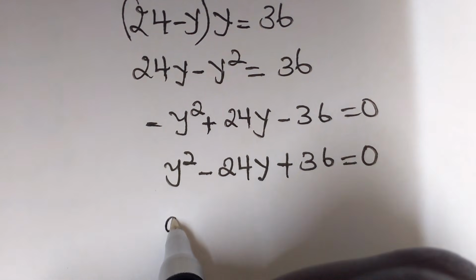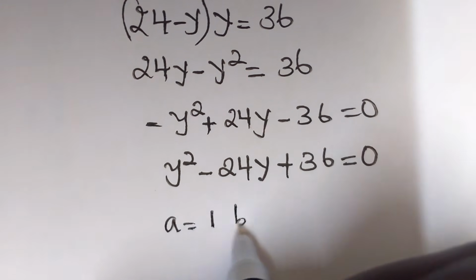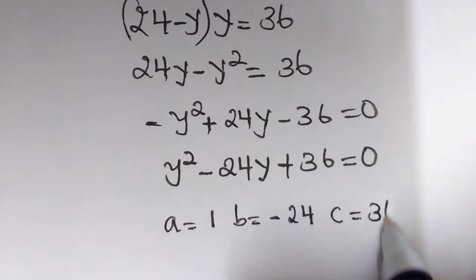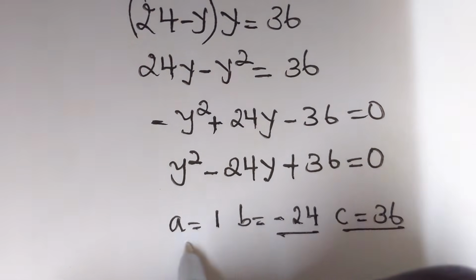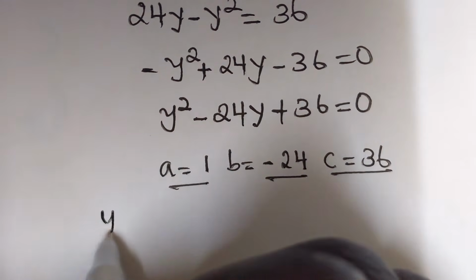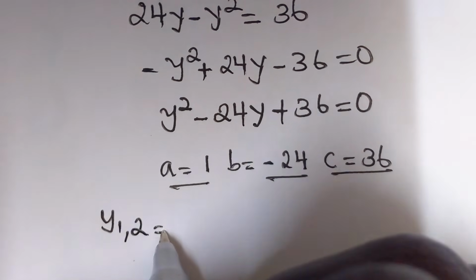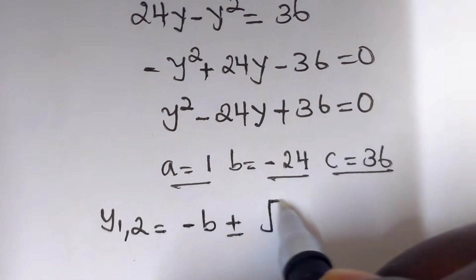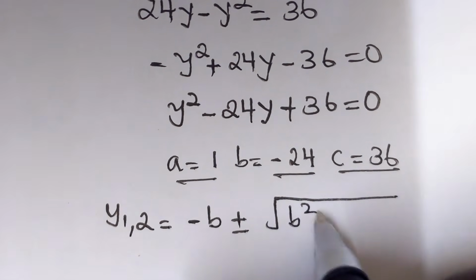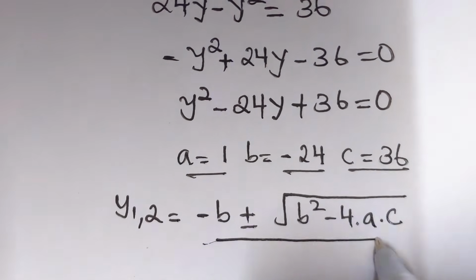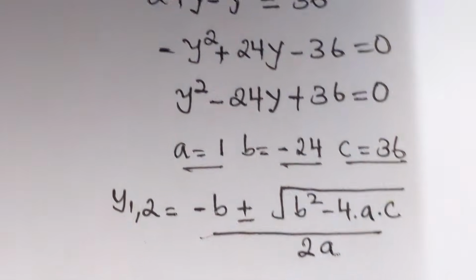Here I shall write a equals 1, b equals negative 24, and c equals 36. So y1,2 is equal to negative b plus or minus the square root of b squared minus 4ac, over 2a.